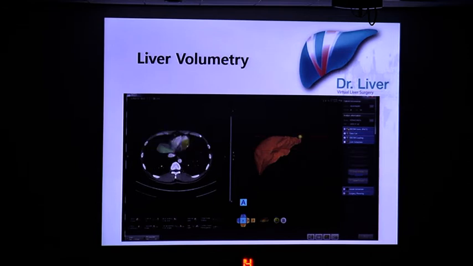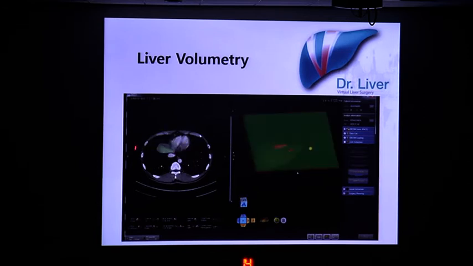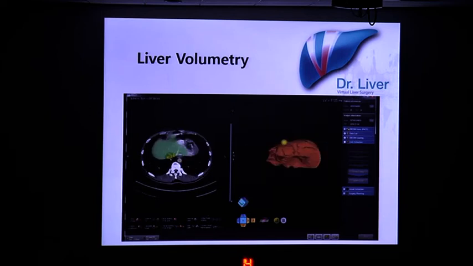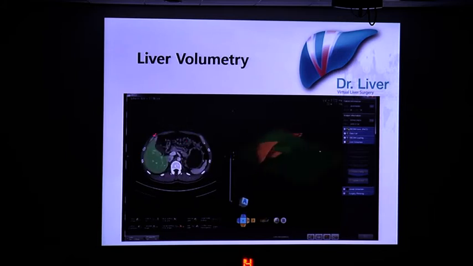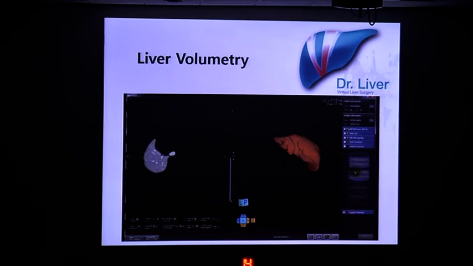And the program can extract the whole liver. And after some additions needed, you can extract the exact whole liver.